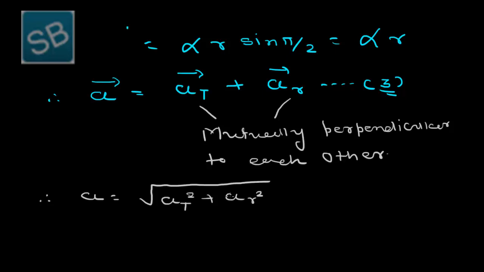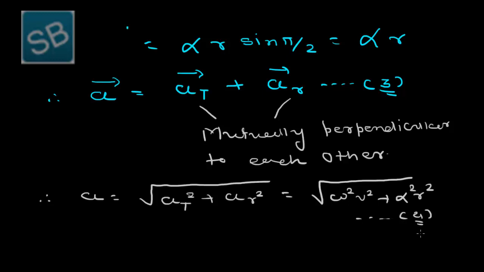Now from equation 1 and 2 I can substitute the values of tangential component and radial component. So the value of the radial component was omega V and its square is omega square V square, plus here alpha square r square. So this is the magnitude of linear acceleration.